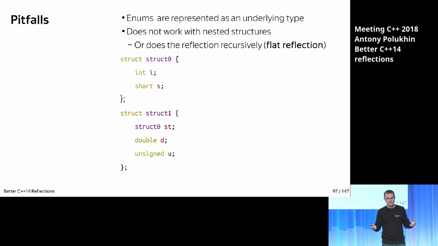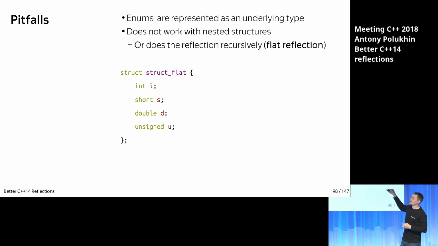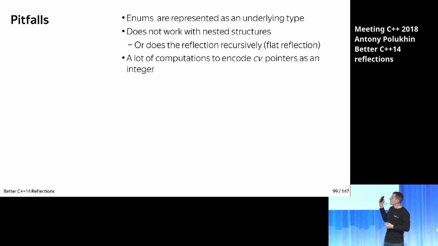We can do that, but we can go recursively and reflect the content of structure 0 as if the whole content was in structure 1. So in other words, we're kind of flattening this structure. It's called a flat reflection. It's the best we can get with this approach, but it works.